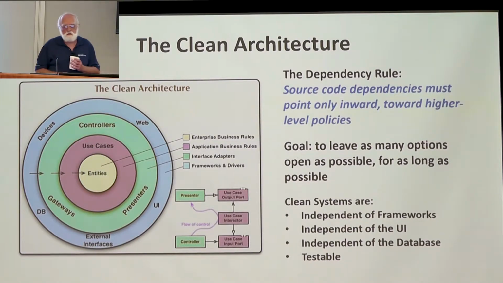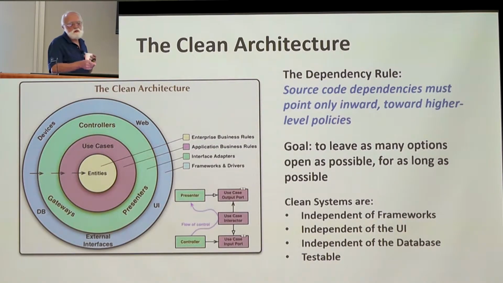And there is a single rule that rules them all, the dependency rule. Source code dependencies might point only inward toward higher level policies. So the black arrows depict the dependency rule. What this really means is that your use cases should never make calls to the framework level and should never use any type from the framework level.